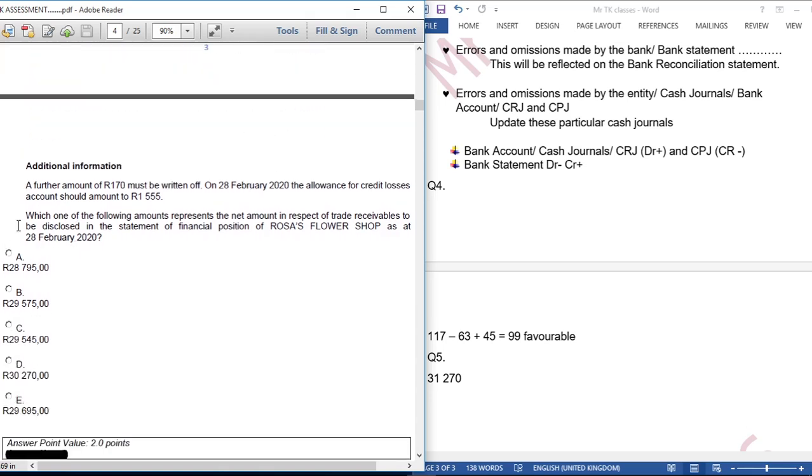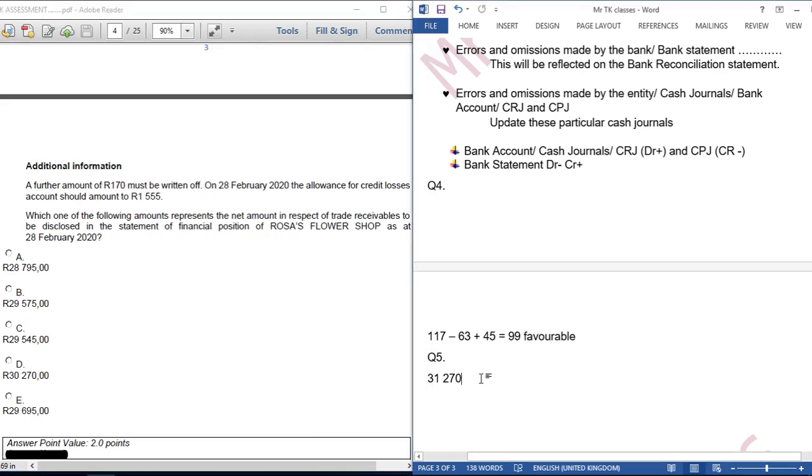Let's go to the adjustment. A further amount of 170 must be written off. What we are correcting is trade receivables. If an amount is going to be written off, we are saying we are no longer expecting to receive 170, so let's remove it from our trade receivables. This is credit losses.